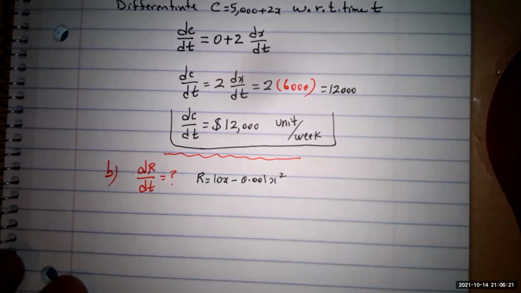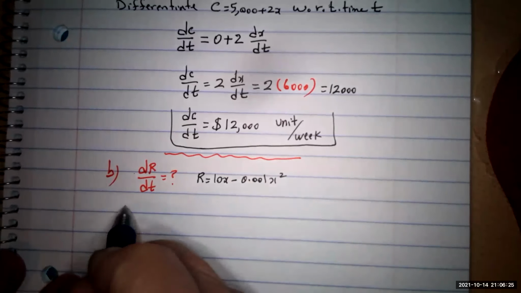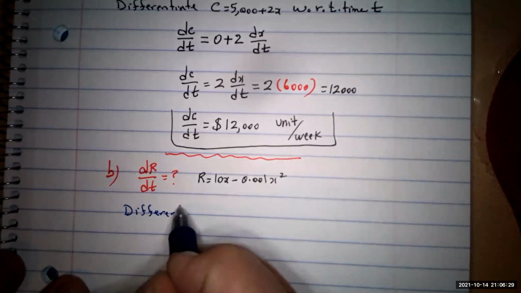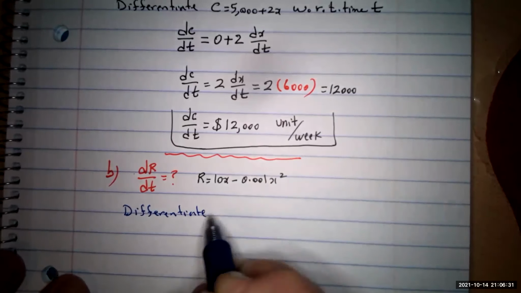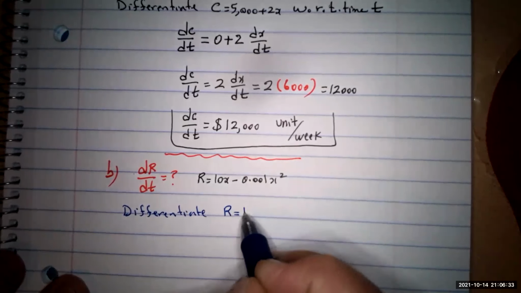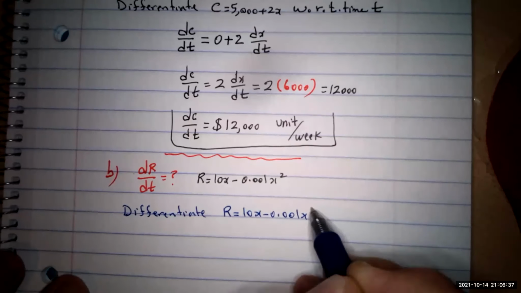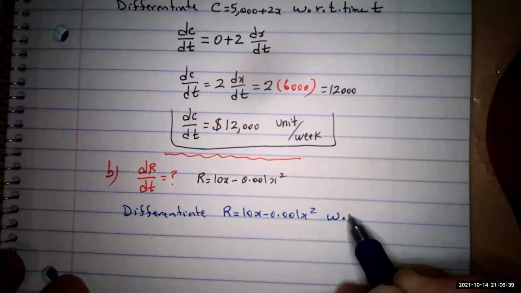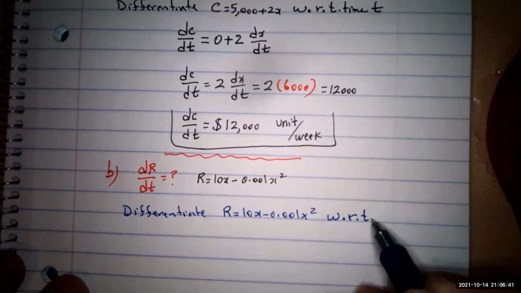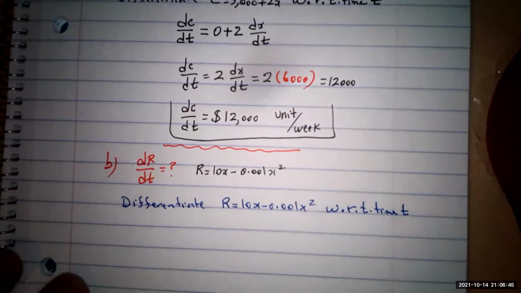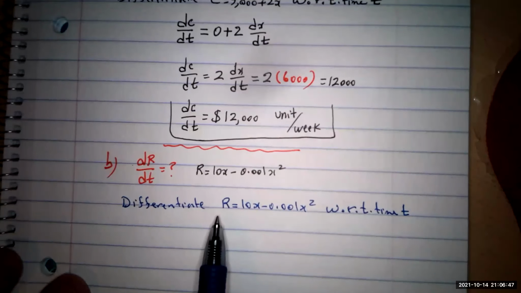So you differentiate again. Differentiate this equation, 10x minus 0.001x squared, again with respect to time t. Now for the r, it would be just the rate of the r.